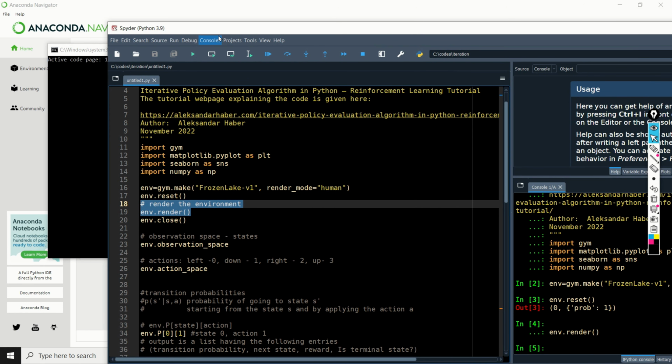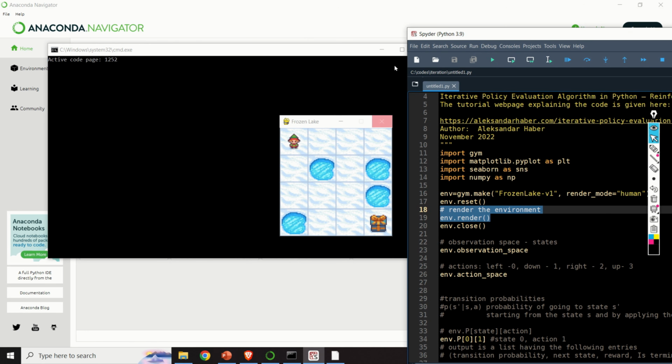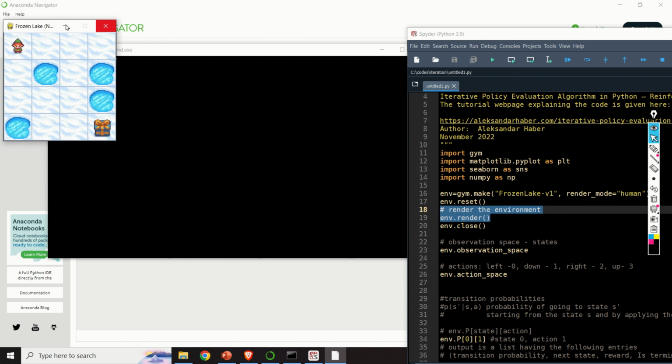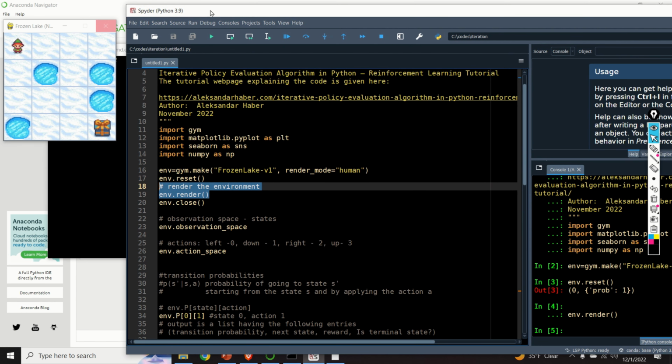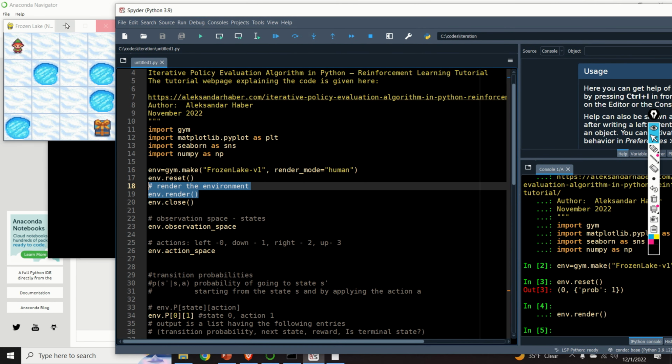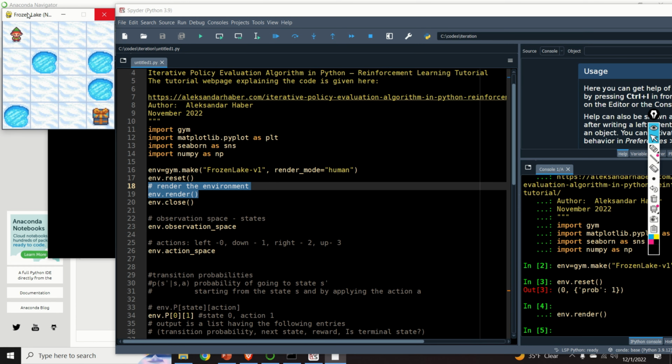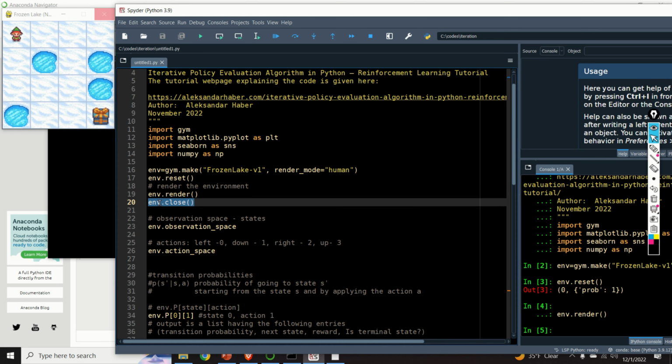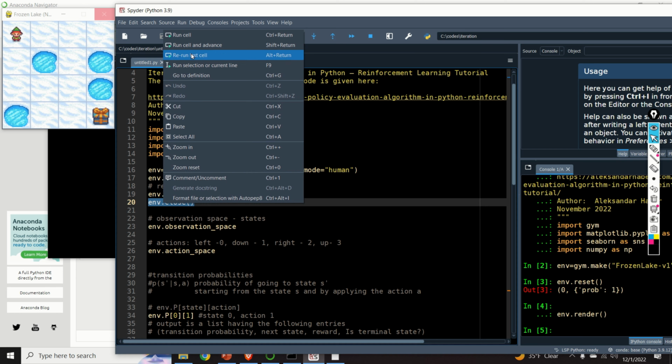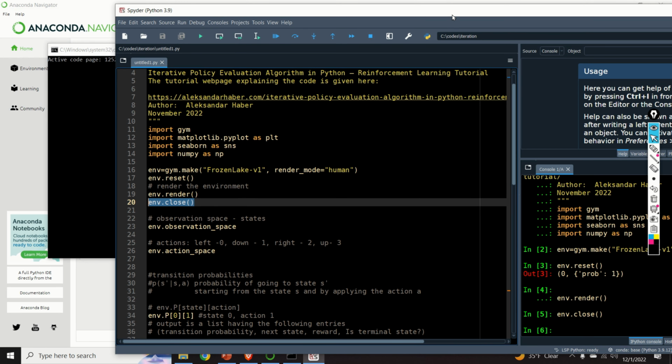Here is the rendered environment. It hides from us. However, we will not actually need the graphical representation of our environment, so we can simply close the GUI.